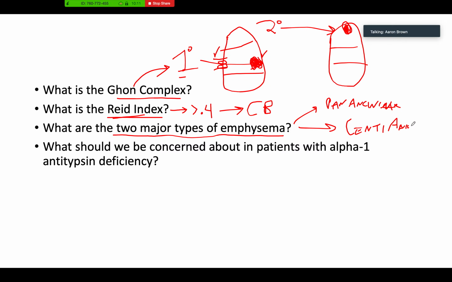It's nice. So we'll start with our centriacinar. What are we associating this with? Patients that smoke. Very good. So patients that smoke, they tend to get centriacinar emphysema, whereas the panacinar is associated with alpha-1 antitrypsin deficiency.